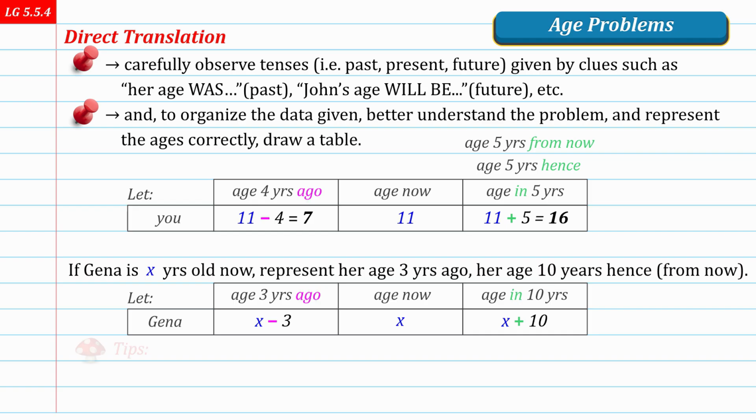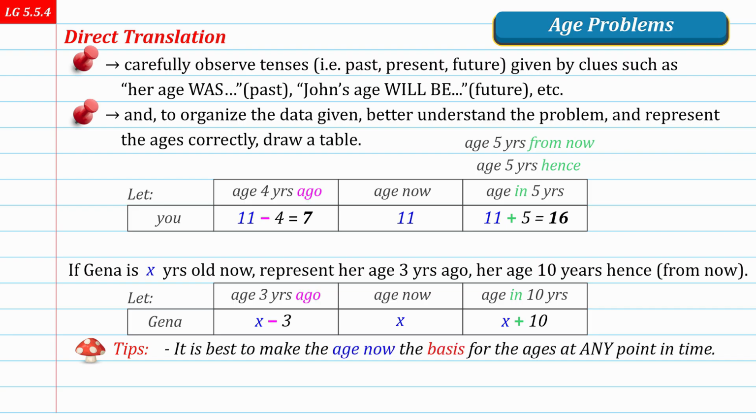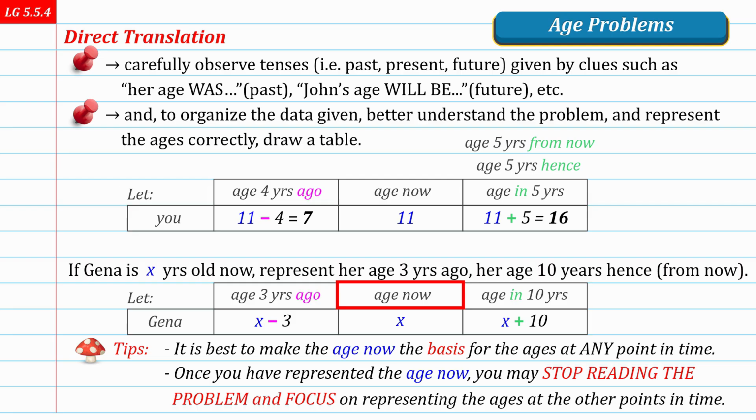Now, here are the golden tips for age problems. First, it is always best to make the age now the basis for the ages at any point in time. Second, once you've represented the age now with a variable, you may actually stop reading the problem for a moment and focus only on correctly representing the ages at the other points in time.